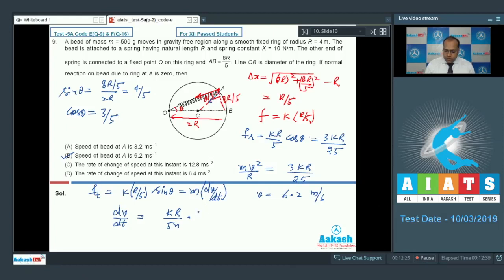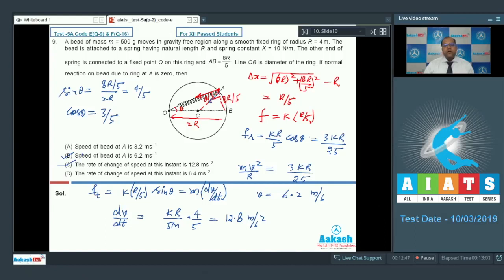The value of sin theta is 4 by 5. So if I substitute the value of these physical quantities, then it comes out to be 12.8 meter per second square. So option C is correct and D is wrong. So the correct answer for question number 9 are option B and C.